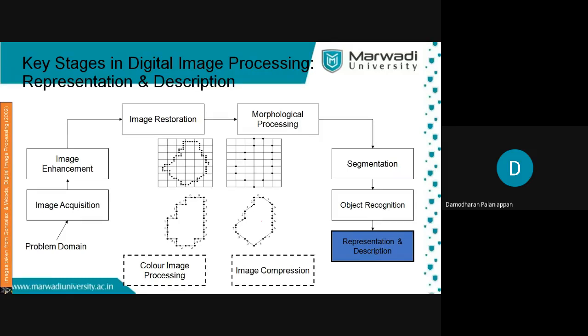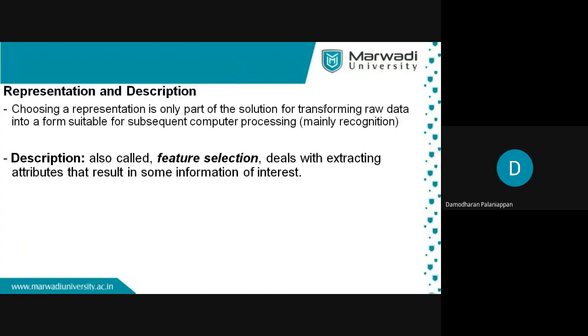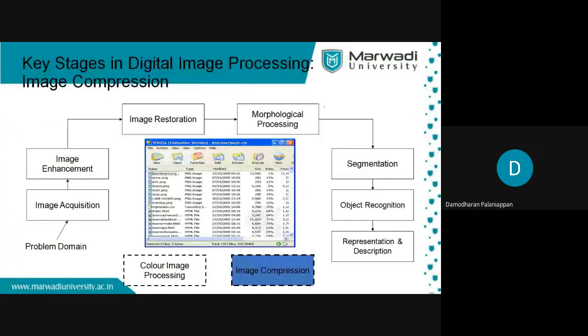These are done in the high level process. I already discussed low level, middle level, and high level. In the high level process, using these attributes, we are able to represent the image through segmentation, object recognition, and representation and description. The eighth stage is compression.